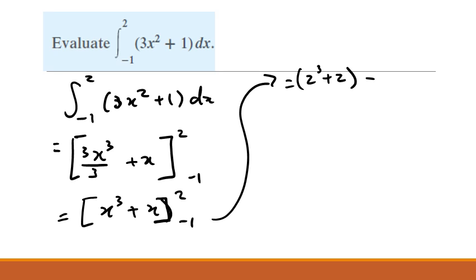Then you're going to subtract the other one where you sub in -1. -1 cubed plus -1. Like so. So that's a 10 minus -2. So it gives you 12. So that's the area underneath. Okay? Is that fairly straightforward? You integrate it and then you sub the numbers in. Nothing too difficult.